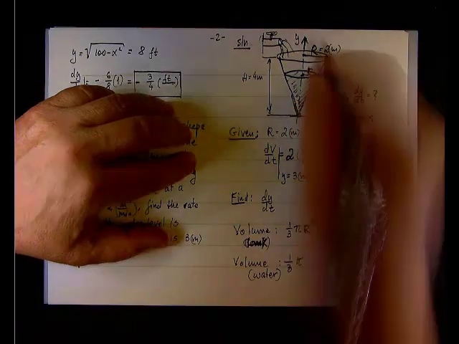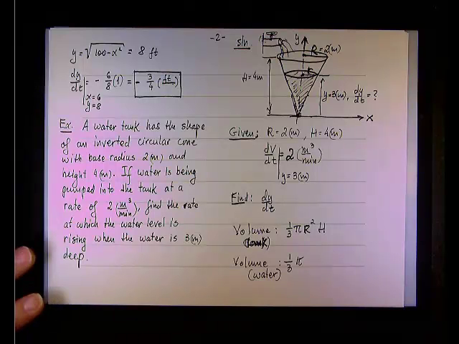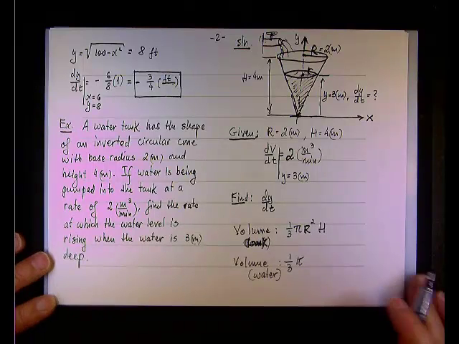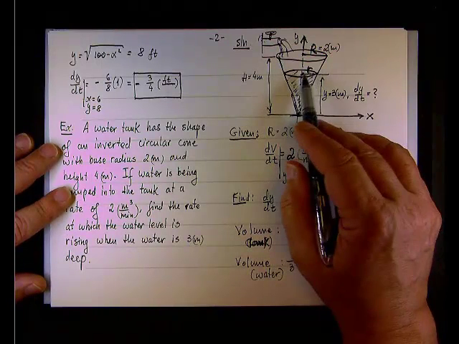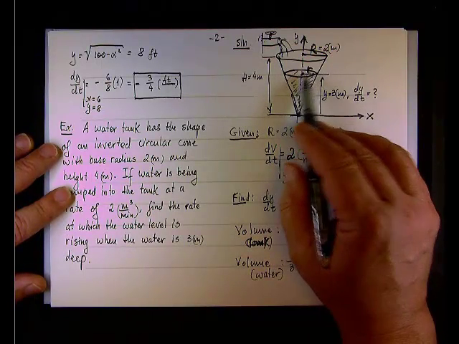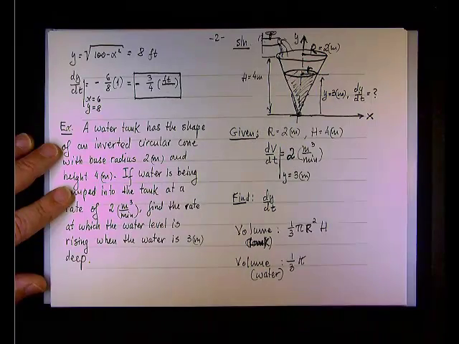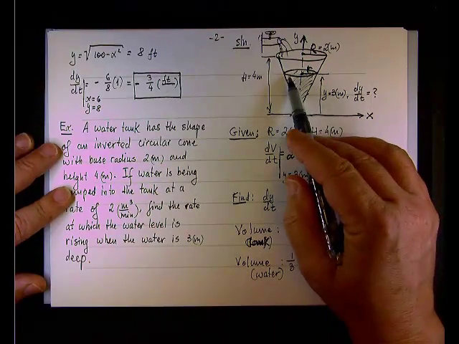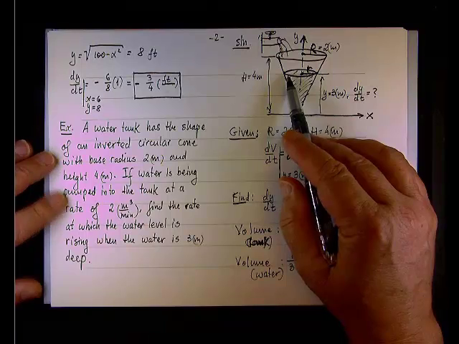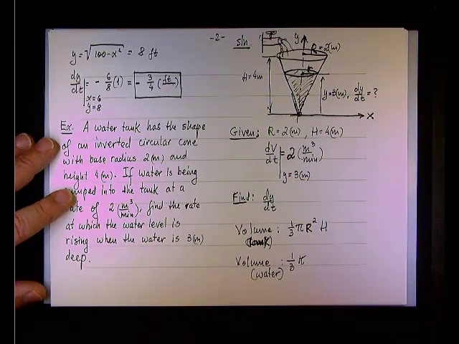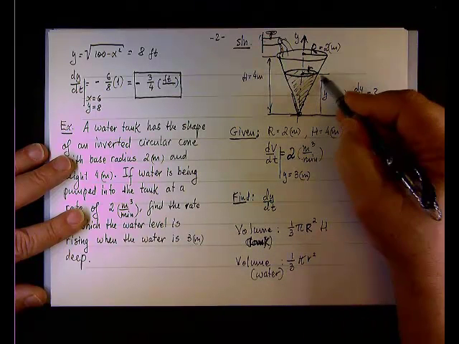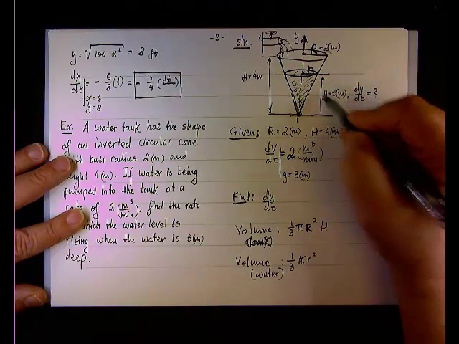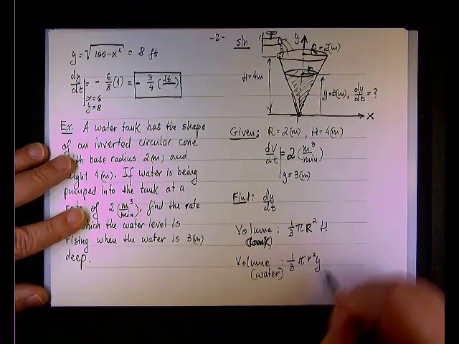The uppercase R is the radius of the circular base, but the lowercase r will be the radius of the circle at the top of the water, or the water level. So it will be r squared, and the height of the water will be y.